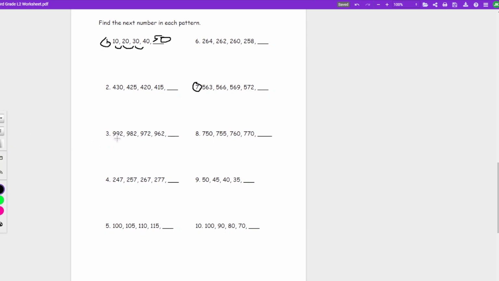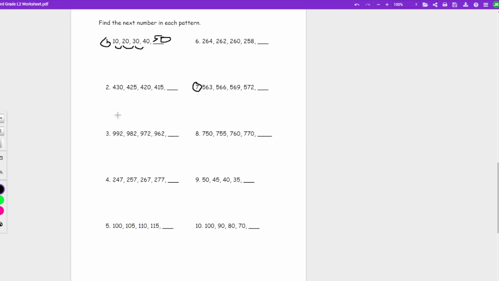And number 3, let me just erase this so you can see the number. So 992, 982, 972, 962. I'm just going to look at the first two numbers. What is the difference between these two numbers?